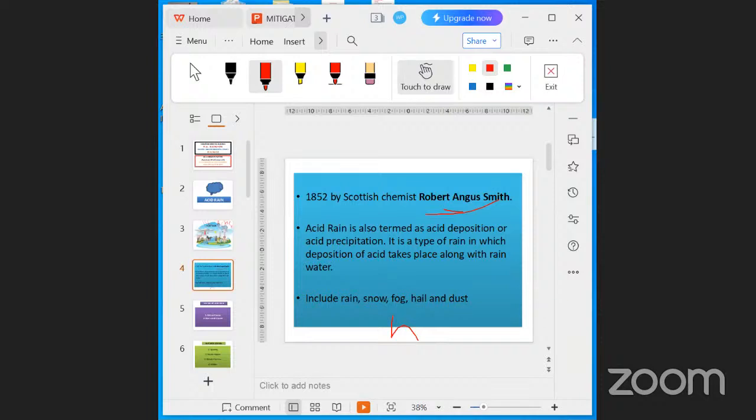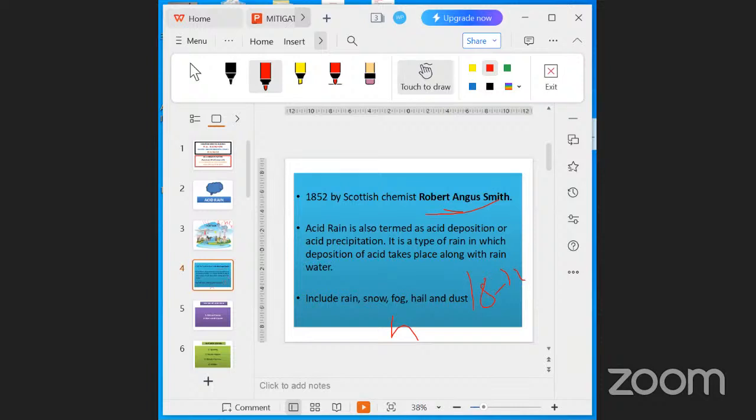Smith decided on the term while examining rainwater chemistry near industrial cities in England and Scotland, right? He wrote about his findings in 1872 in the book Air and Rain. That is the beginning of chemical climatology.